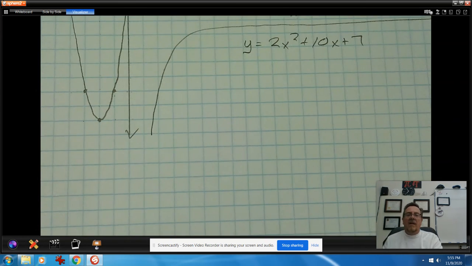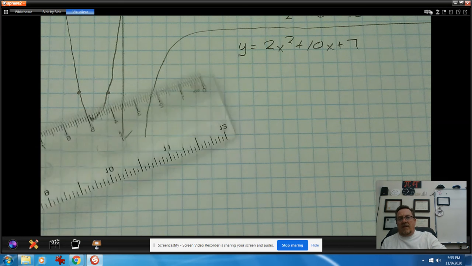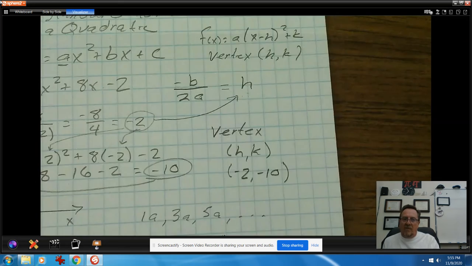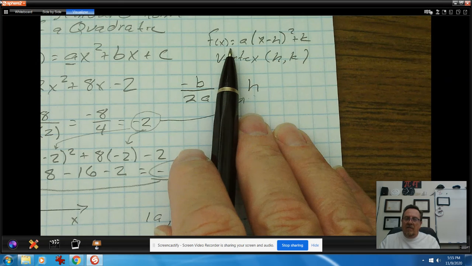Magic part 2. The directions here are going to say like, what is the vertex form of this? And the vertex form from the previous lesson would be easy to write if we knew what?